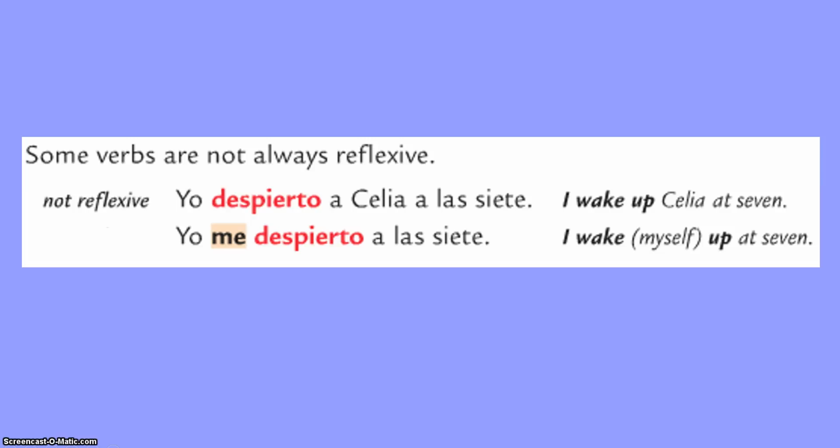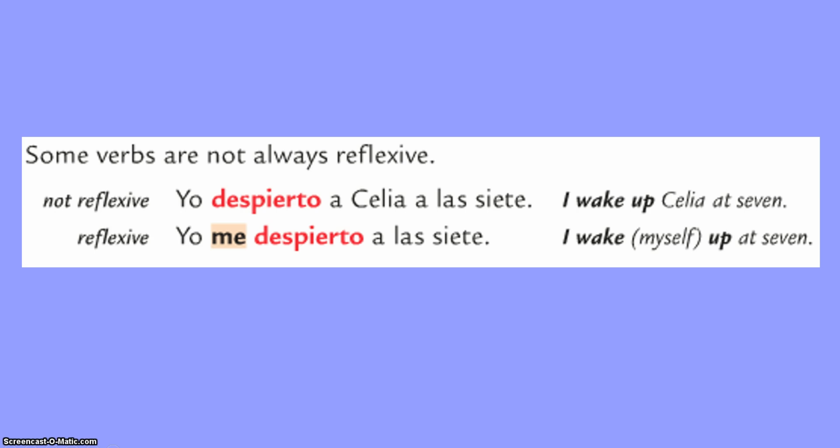However, if I wake myself up at 7, yo me despierto a las 7. Who does the action? I do. Who receives the action of being awakened? I do as well. Oh, well then that, yes, is an example of a reflexive verb. Another example might be when I say, I bathe myself.